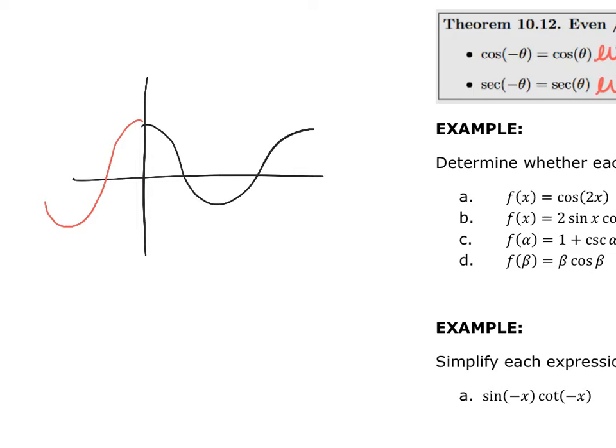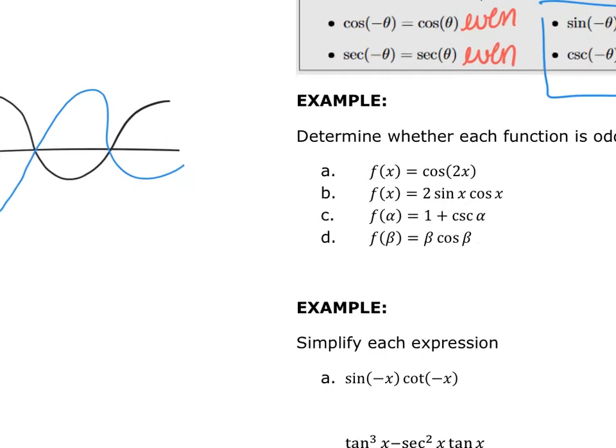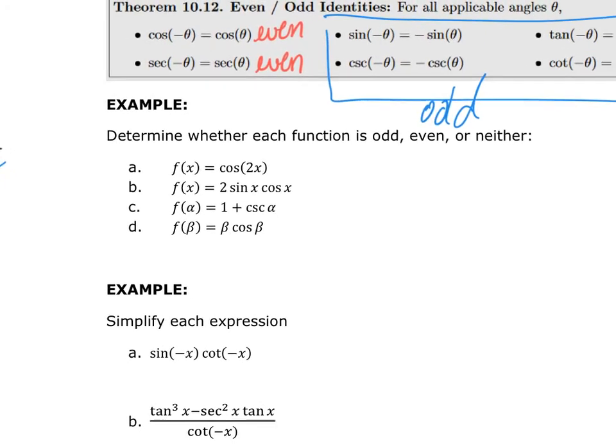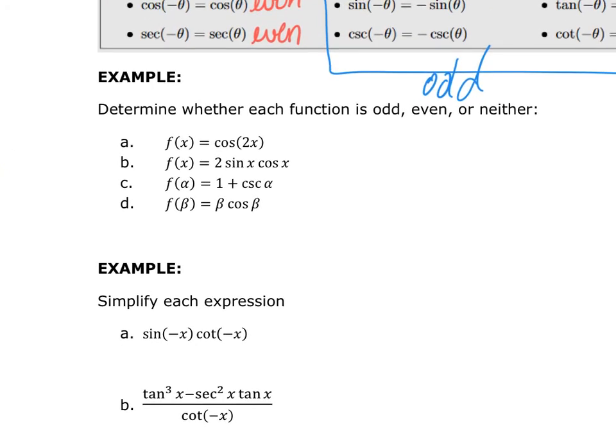But we're not there yet. So cosine could be negative and be even. If cosine is negative, then all that means is we're going to have a transformation of graphs and it's going to look like this. How about we just wait on that? Just trust me. I'm excited that you're excited about those, but let's just hold that thought for a minute.